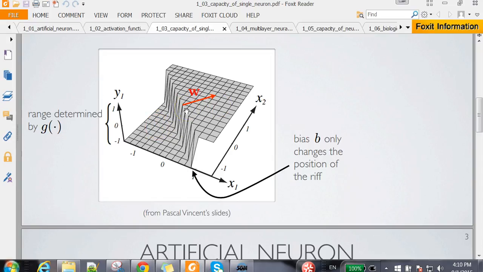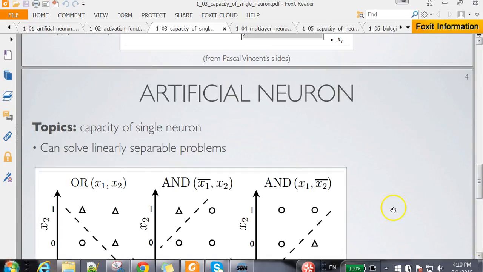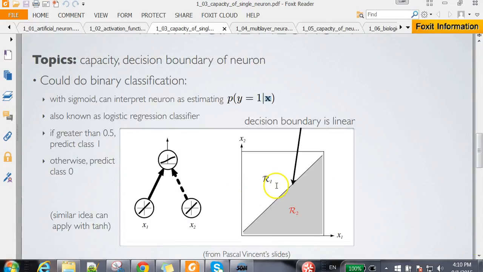So what we're saying is whenever the function is above that, we'll predict class 1, and whenever it's below that, we'll predict class 0. So what that turns out to look like is this. The area where it's going to be below might be this area. So that would be the area where we predict 0, and this might be the area where we predict 1.